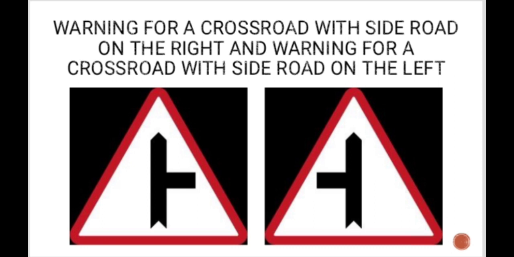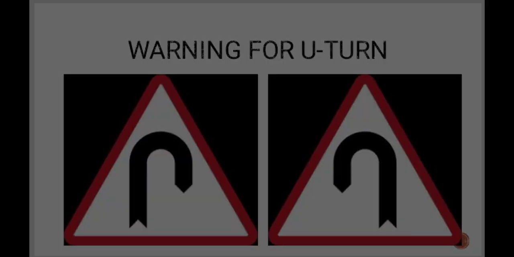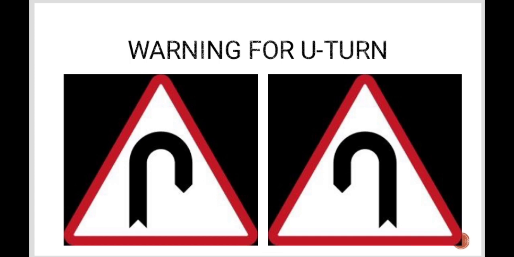So meaning to say, stop and give way to all drivers. Stop and give way ahead. A warning for uncontrolled crossroad. And the next one is warning U-turn. So let drivers know when and where U-turns are permitted.